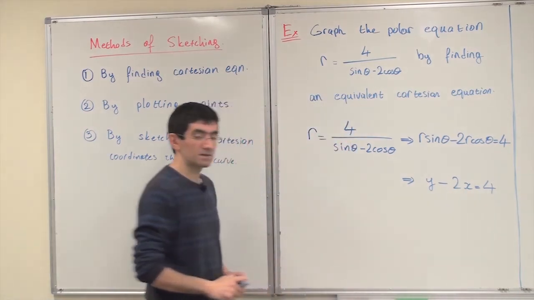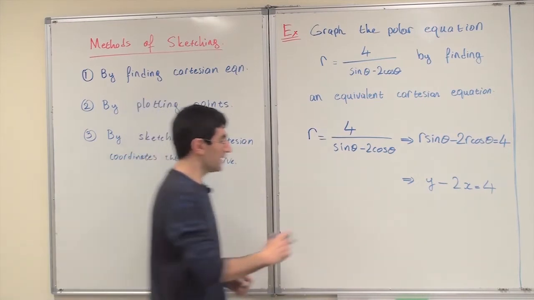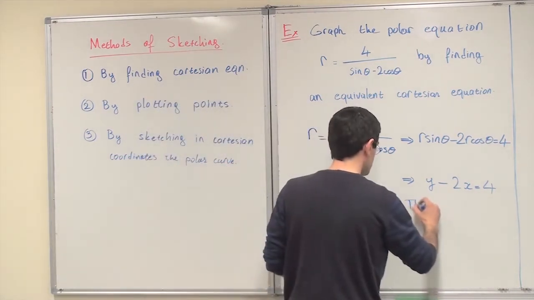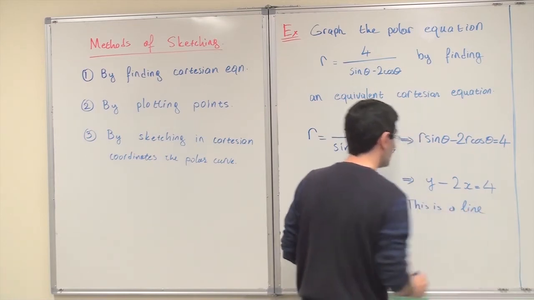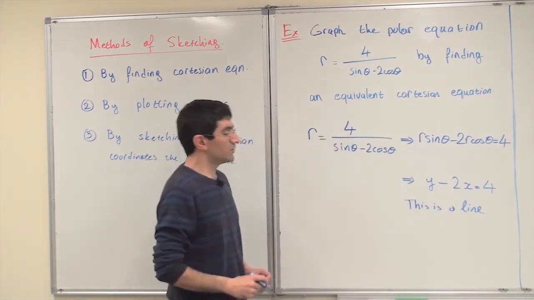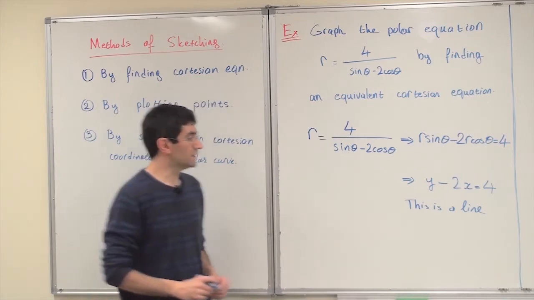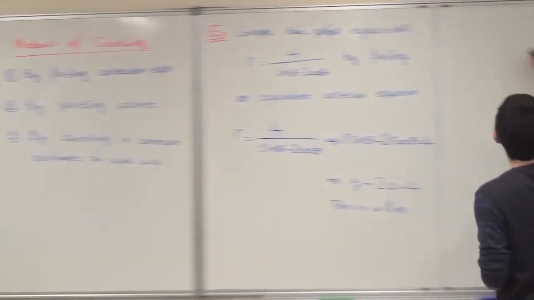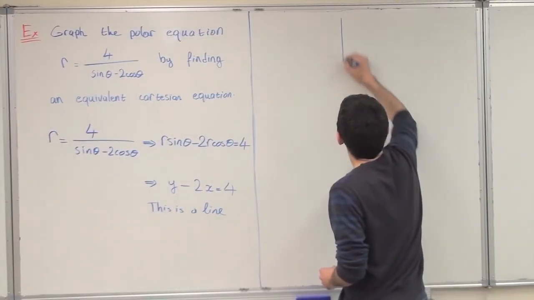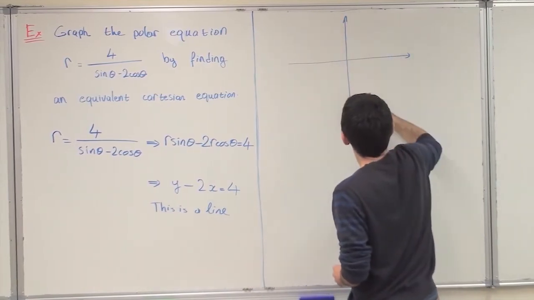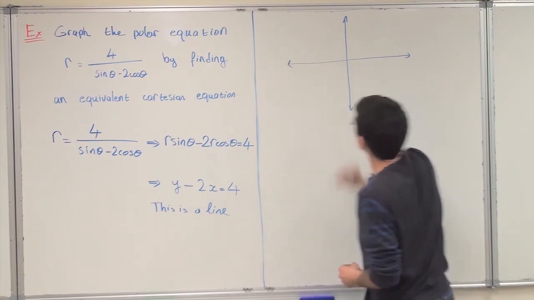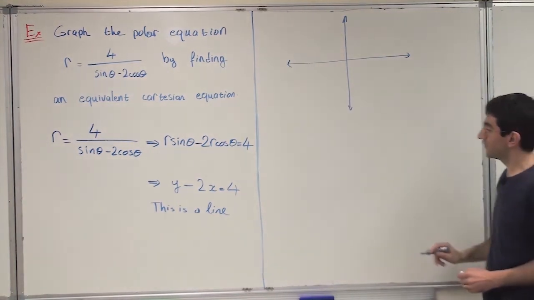Now, we can identify this Cartesian equation as a line. And we can easily sketch this line. We draw here the Cartesian coordinate system.